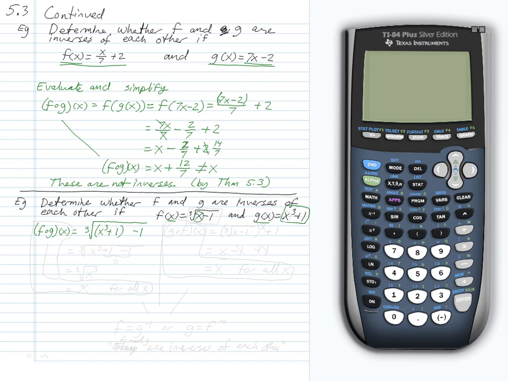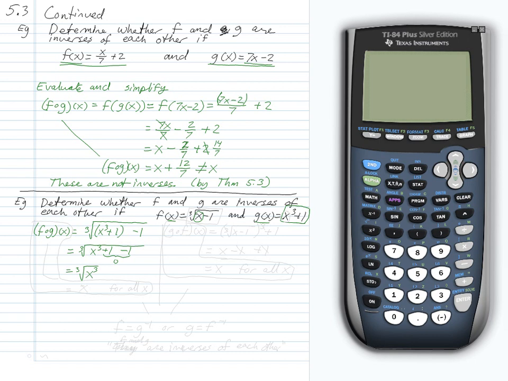Fantastic. So the better you get with those composition type problems, the quicker this process will go. So f composed with g, if we simplify a little, we really don't need those parentheses. This is the cube root of x cubed plus 1 minus 1. Well, that cancels and we get 0 there. So this is really the cube root of x cubed.